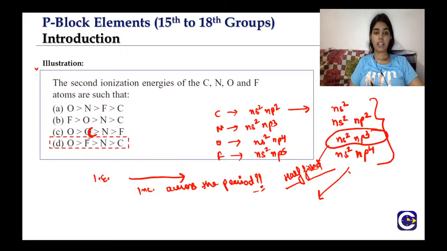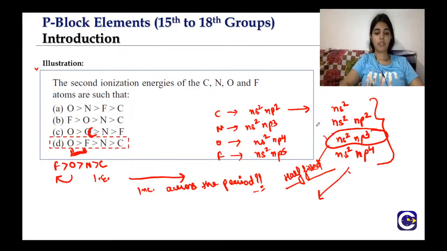So the highest is fluorine, then nitrogen, and then carbon. This anomaly here is there because of the half filled stable configuration, right? Otherwise the expected order should be this, but here it is swapped because oxygen is extra stable due to its half filled configuration.